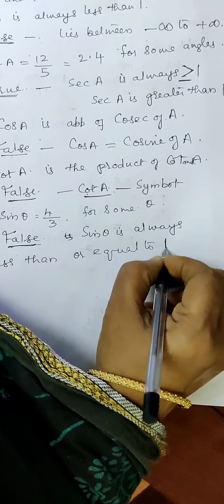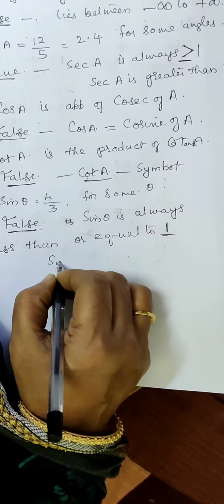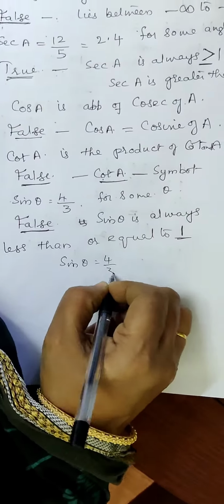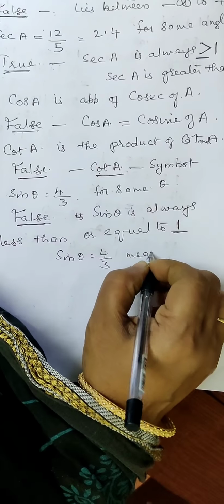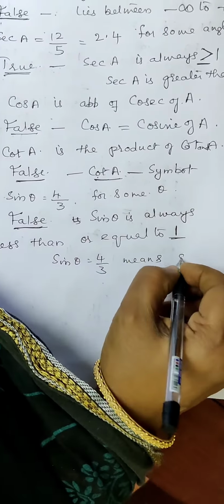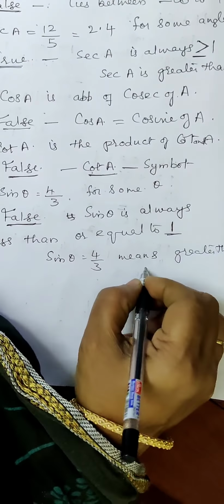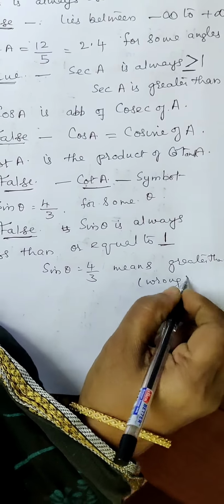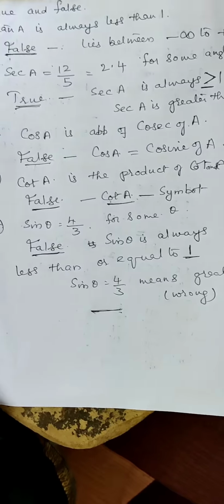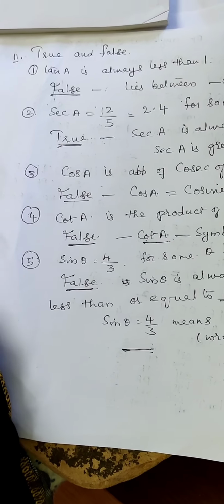Here sin theta equal to 4 by 3 means greater than 1. So this is false. This is wrong. So hence the problem, and with this 8.1 exercise is completed.